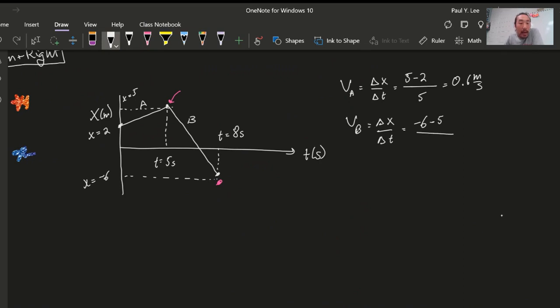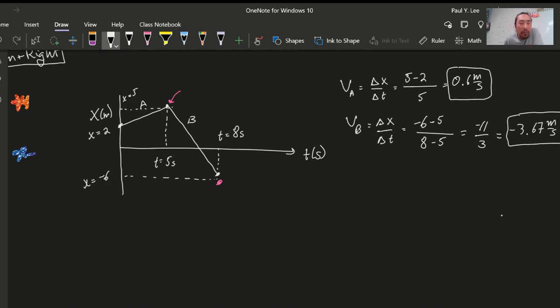And the total time that took, we went from 8 seconds, the final time, minus 5 seconds, the initial time. So it took a total of 3 seconds. And so we get -11 over 3. I'm going to plug that into my calculator. And that gives us -3.67 meters per second, right? And that negative is important because velocity has direction.